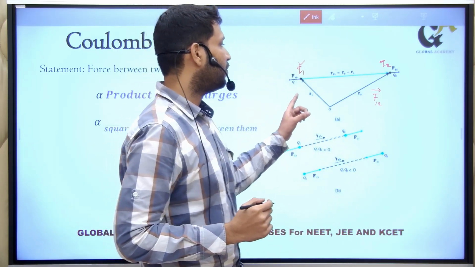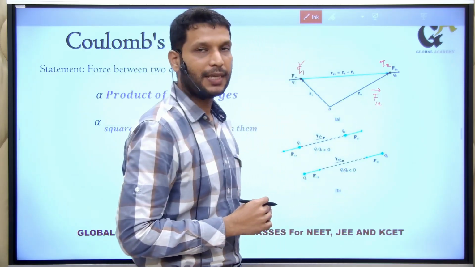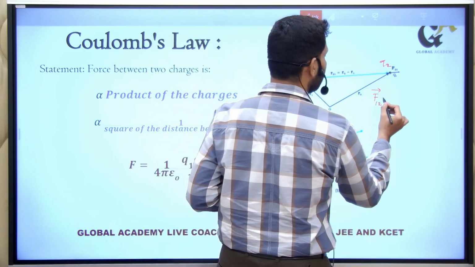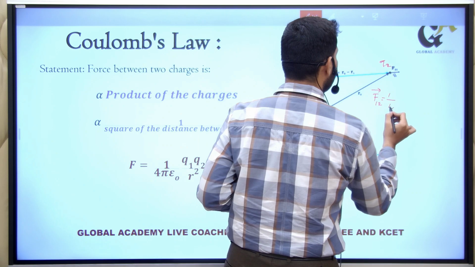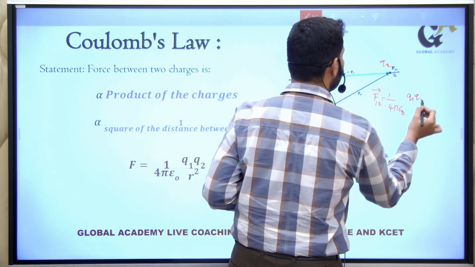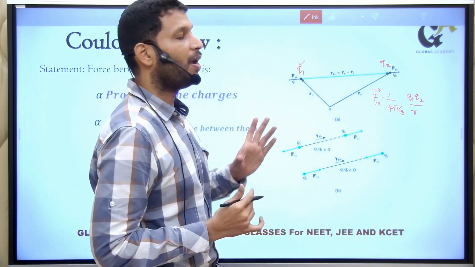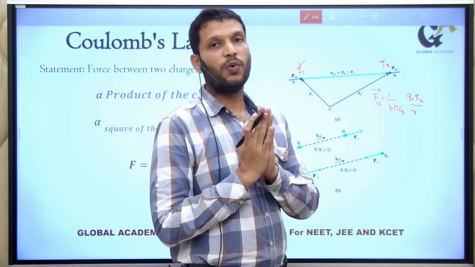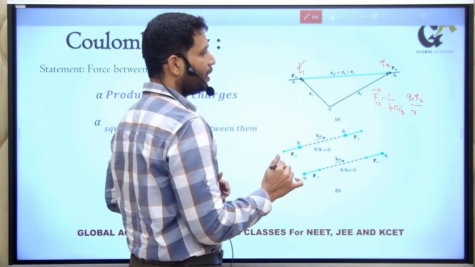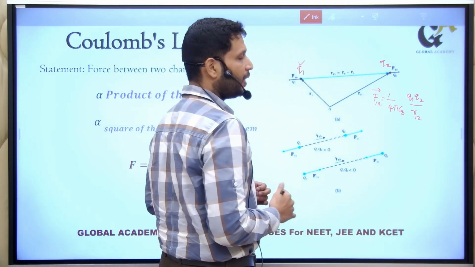That represents the force on the first charge due to the second charge, which is equal to 1 divided by 4 pi epsilon naught Q1 Q2 divided by, here which r do we have to consider? Here r is also in the vector format, that starts from the first due to the second charge.